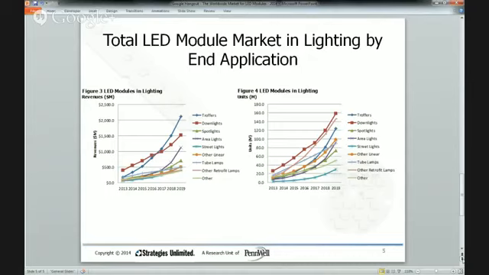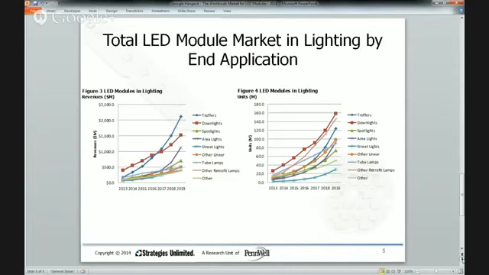And like I mentioned, downlights have a more simplistic form factor, and we also anticipate that as modules continue to be adopted, there will be more integration within these. This data is shown in the report by these different end applications for each region, so it's done very regionally.